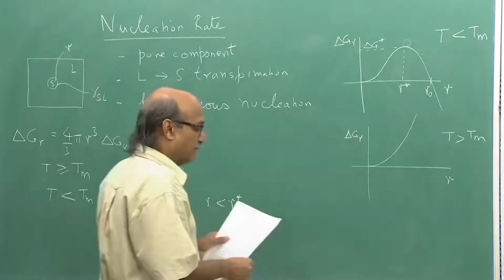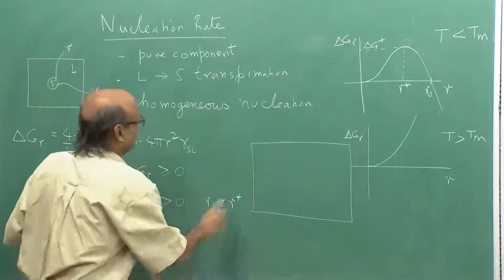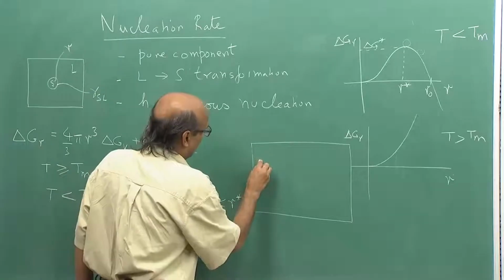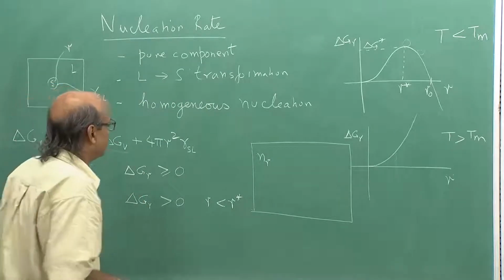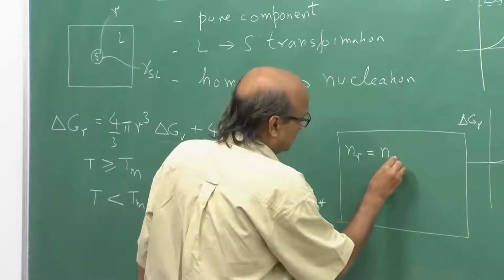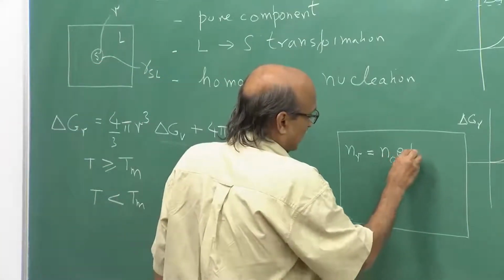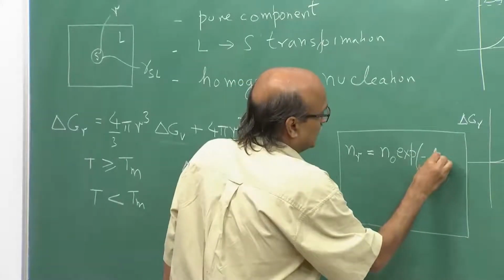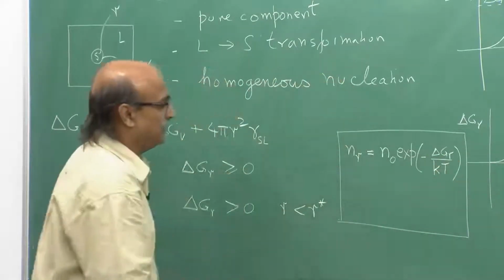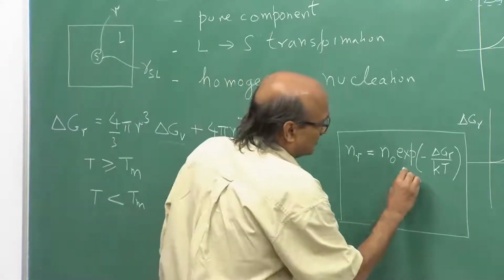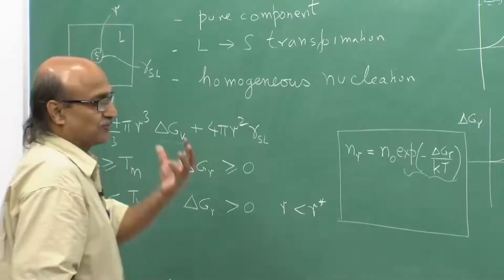This is given by the Maxwell-Boltzmann statistics, and the relationship can be written like this: the number of nuclei formed of size r, Nr, in a unit volume is given by N0, the total number of nucleating sites per unit volume, multiplied by an exponential function of delta Gr, which is exponential of minus delta Gr divided by kT. If I look at this expression, this exponential part is like a probability of a nucleus of size r forming.